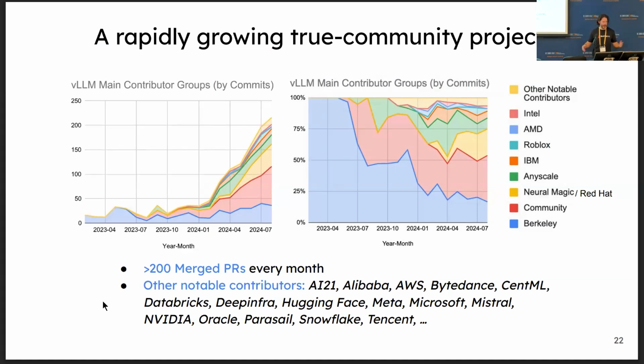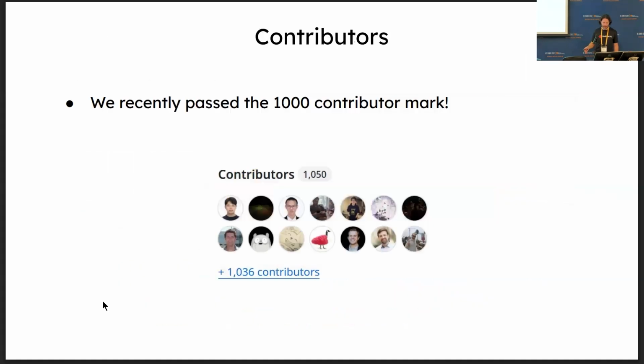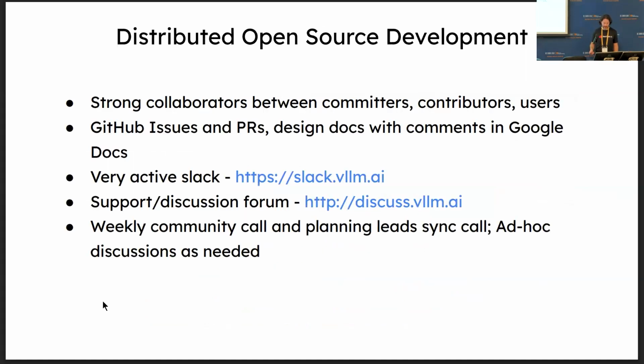There are hundreds of PRs we get every month, and a long list of organizations that are now committing, reviewing, and getting involved in some way. We actually just passed the 1,000 contributor mark, so that was a big milestone.